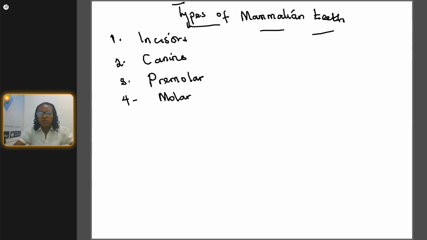So we are starting with the human types of teeth. Like I showed you earlier, the structure of your teeth.